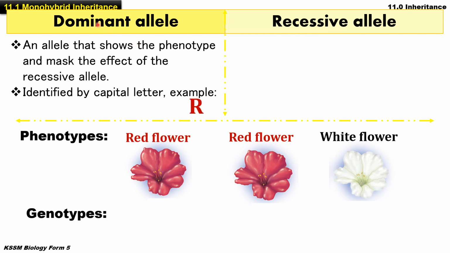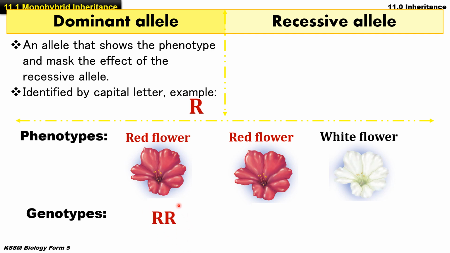Dominant allele means that an allele that will show the phenotype and then it will hide the effect of recessive allele. And for dominant allele, it will be identified by the capital letter. Contohnya R besar, sebagai contoh, R besar for the red.